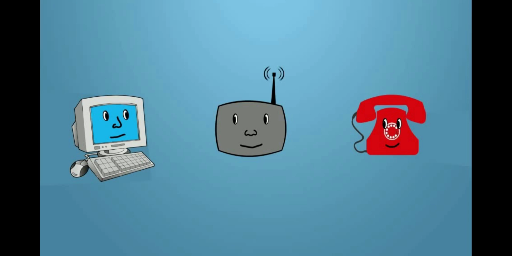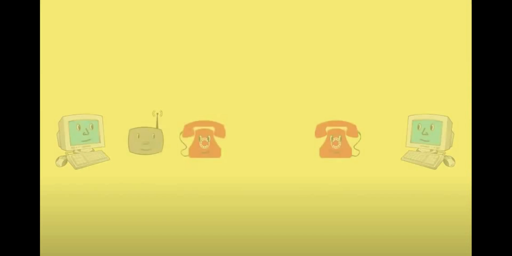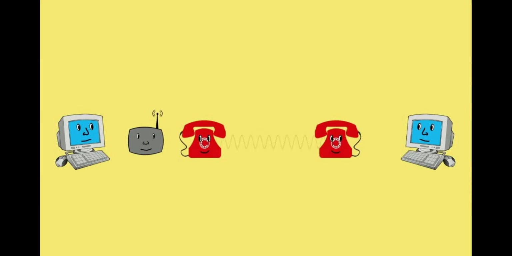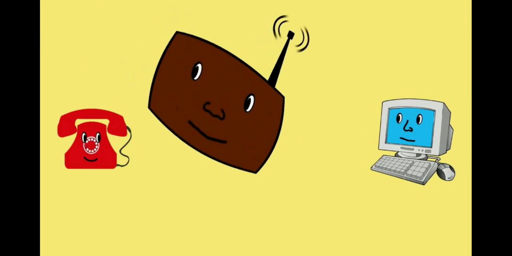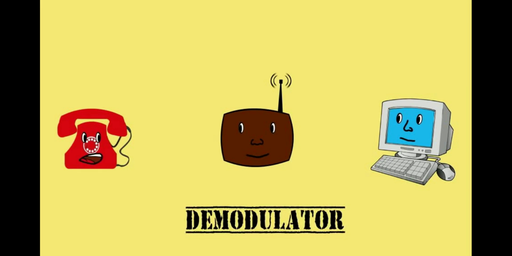Now, the message can be successfully sent from a computer to a telephone with the help of the modulator. The telephone sends messages to another telephone in the form of analog signals. And the next problem lies here. We require another kind of black box to demodulate these analog signals to binary language, that is the demodulator.